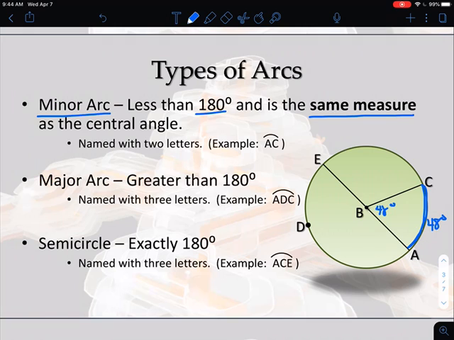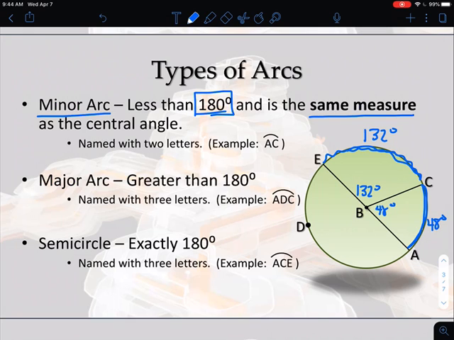Or on the other side, if this side is 48, the other side would have to add up to 180 with it. So if I take 180 minus 48, I would get 132 degrees. So there's my other central angle. That means from E to C, this arc would have to be the same amount, 132 degrees. Both of which would be considered minor because they're both less than 180. They both go less than halfway around the circle.